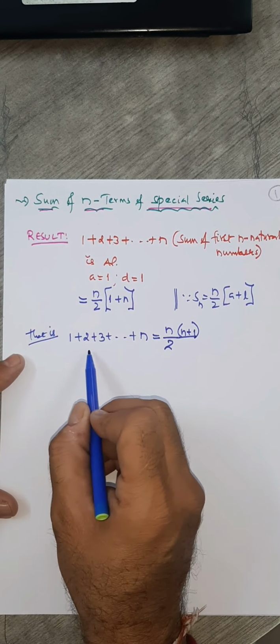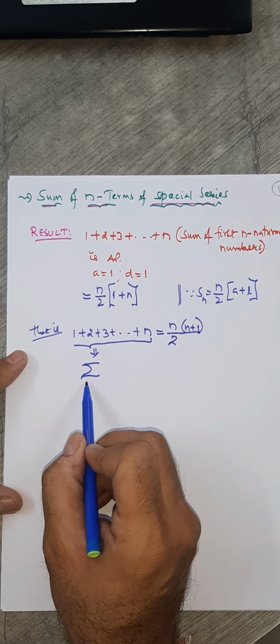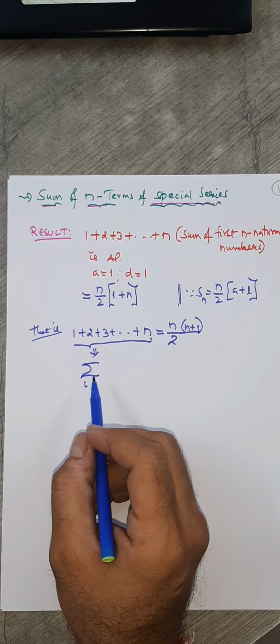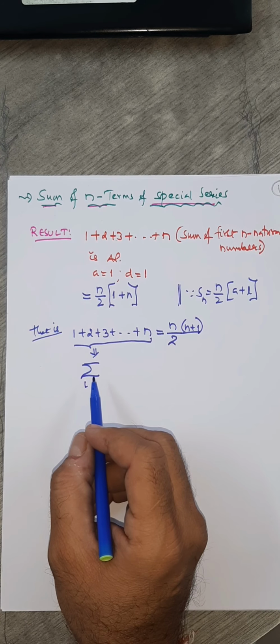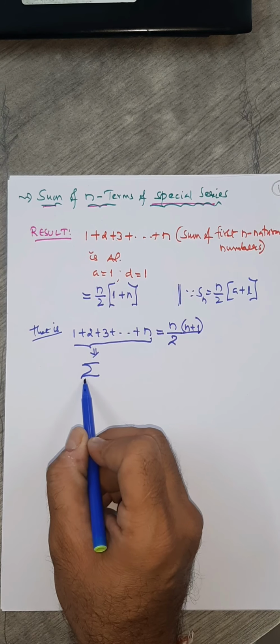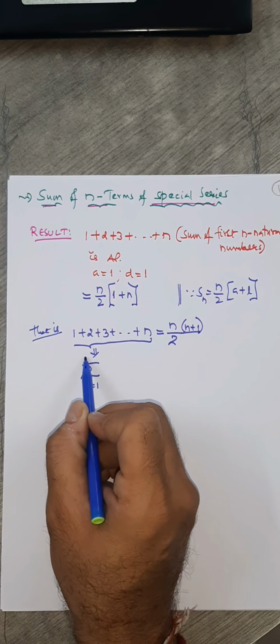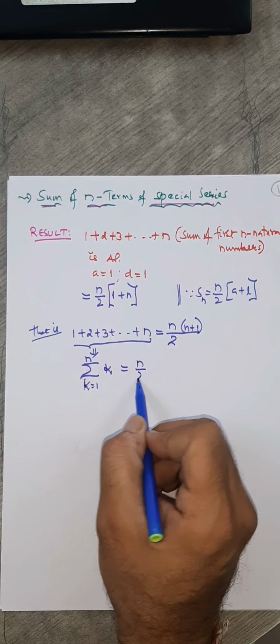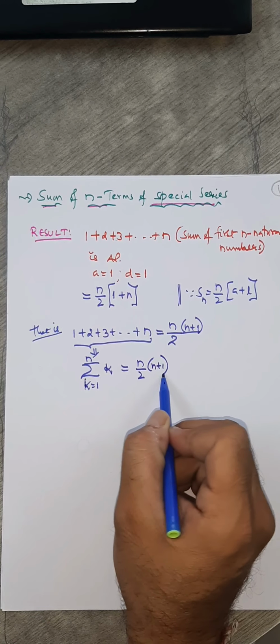This can be expressed in terms of sigma. Sigma means summation. You can use any variable; suppose I'm using k. K runs from 1 to n, and I write k here, which is given by n by 2 into n plus 1.